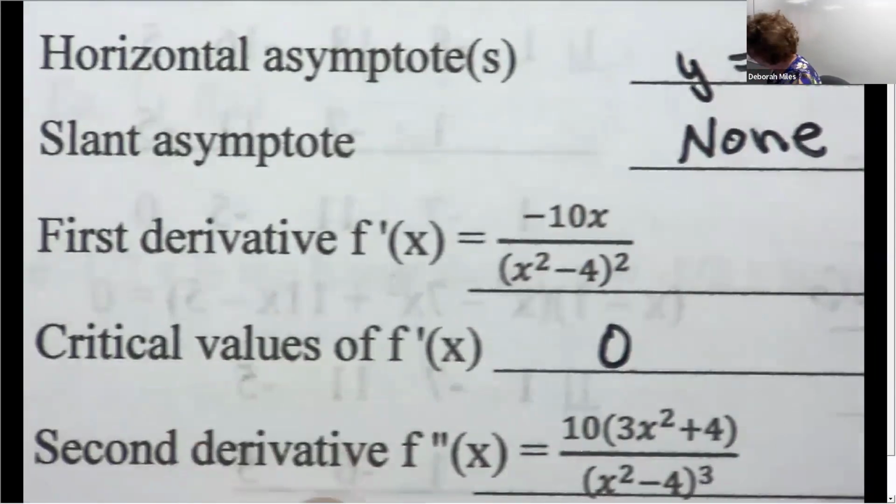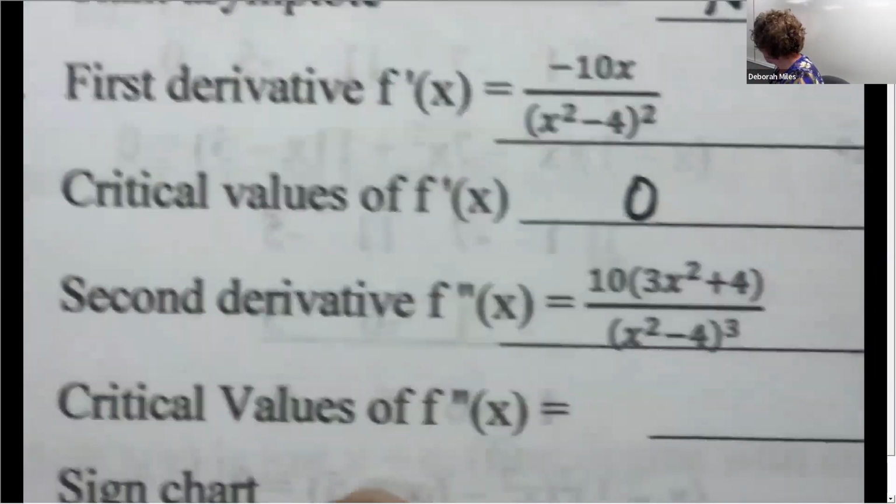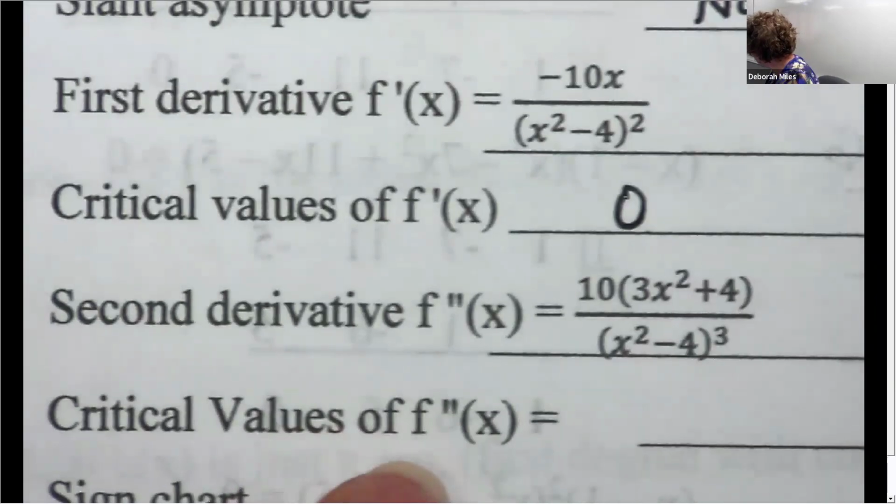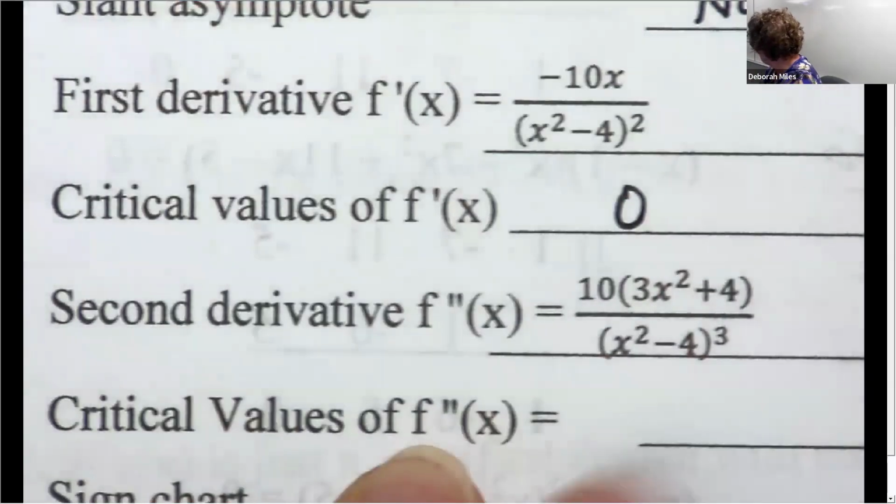All right, then I found the second derivative. And the critical value for the second derivative would be what? What am I trying to figure out? Is there anything that makes the second derivative 0 or undefined? Well, what makes it undefined also makes the function undefined, so it can't be a critical number.